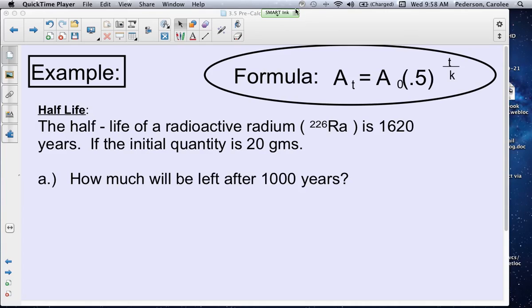And then we say, if we give you 20 grams of radium, there's a two-part question: how much will be left after 1,000 years? So I would recommend that you write all these pieces down, and then I'm going to help identify the different pieces and where they go in the formula.